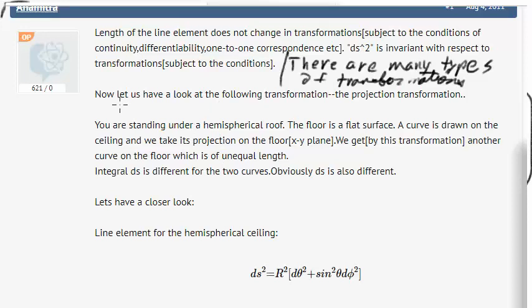But he says, let us have a look at the following transformation, the projection transformation. That seems like a reasonable transformation to do.